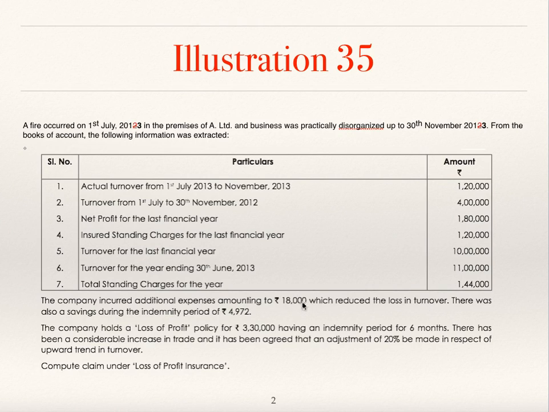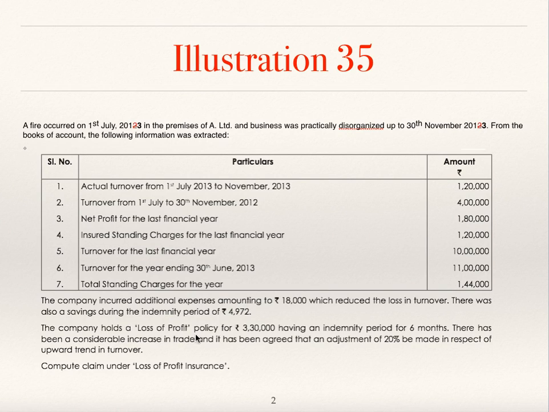Increased cost of working is 18,000. You are supposed to find out 3 figures, out of which the least is to be added in loss of profit. We'll see that. There was also a saving during the indemnity period of 4972. This is nothing but saving in insured standing charges.